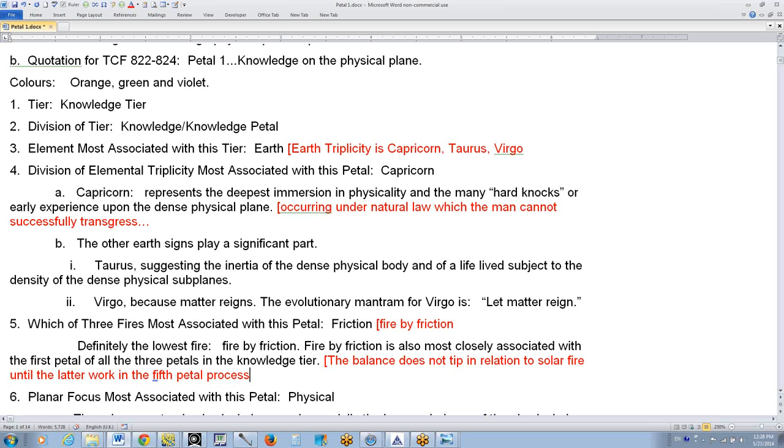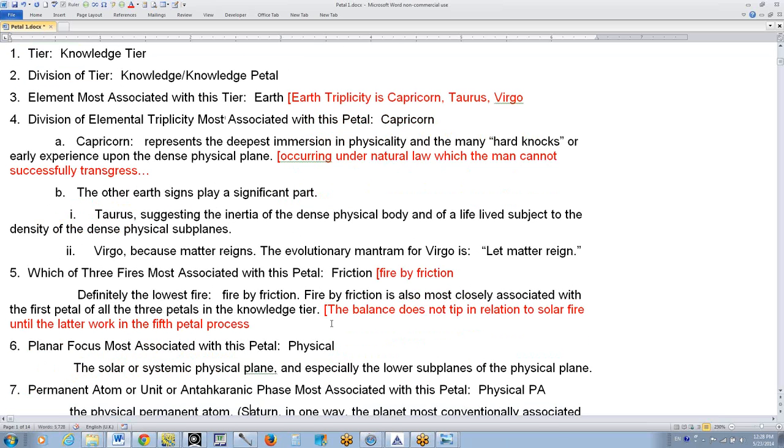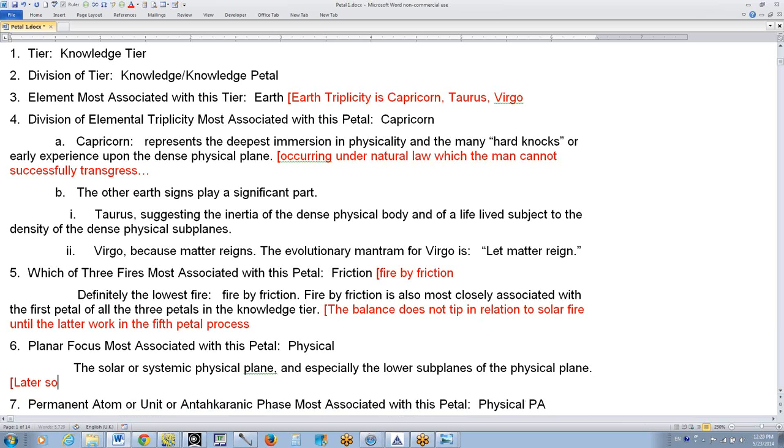The planar focus most associated with this petal, definitely physical plane. The solar or systemic physical plane, and especially the lower subplanes of the physical plane, though later some etheric focus and early etherically centered initiations.